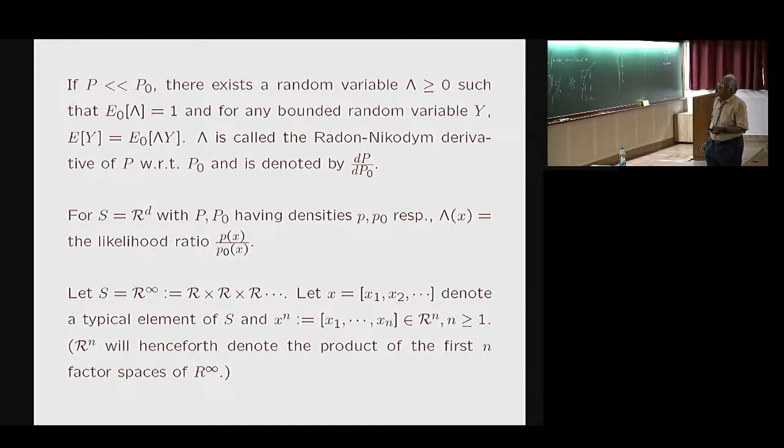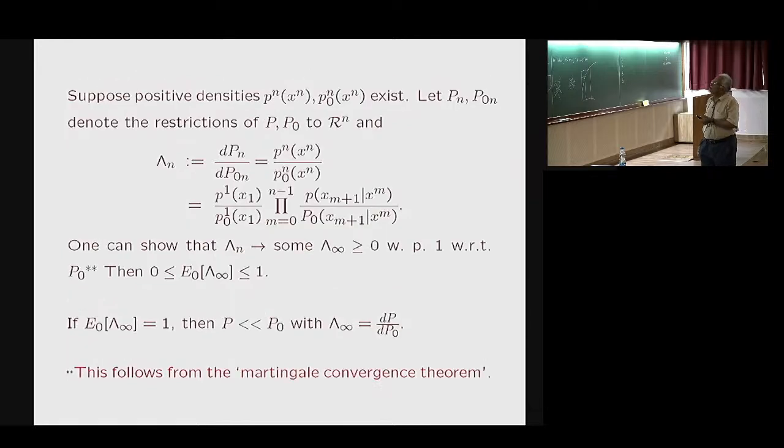So suppose I take this infinite product space and this is a typical element. The space of sequences in R, and X sub n is the string in the beginning, x1 to xn. R^n will denote R cross R cross, the product of the first n spaces. And suppose these positive densities exist.